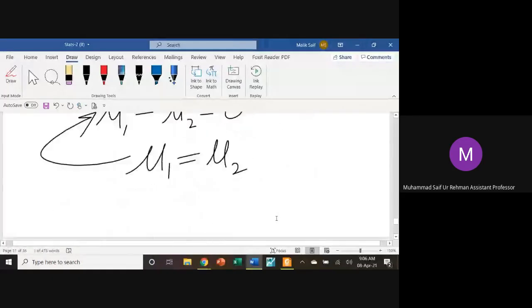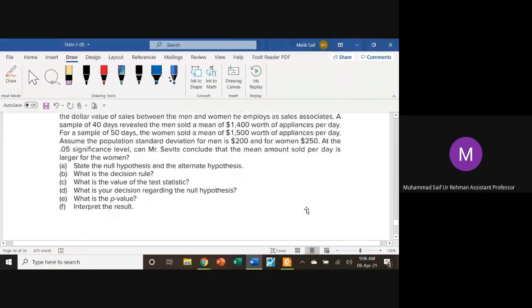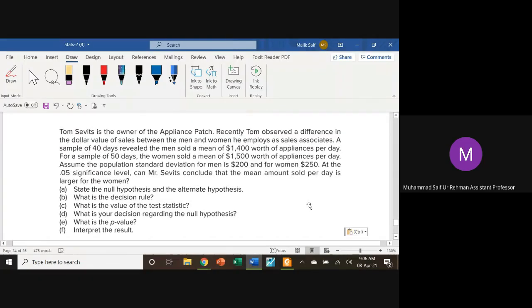Let us try solving this question. Tom Savitz is the owner of the appliance patch. Recently, Tom observed a difference in the dollar value of sales between men and women he employs as sales associates. Okay. So he wants to observe the difference in dollar value of sales that men and women are selling.